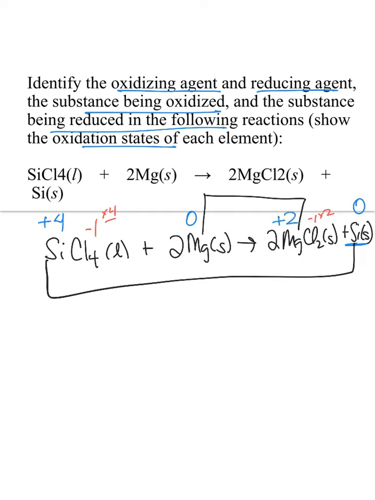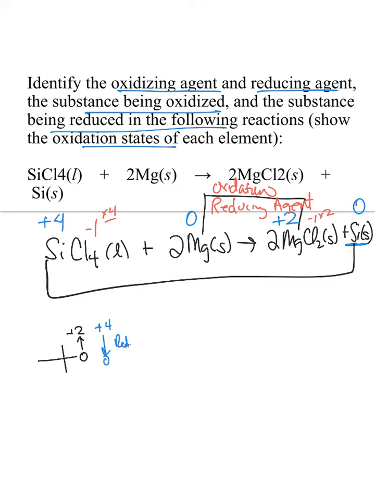So when you go on the scale of 0 to a +2, you're increasing. When you're increasing, that's oxidation. So you're increasing the oxidation number. That's oxidation, and that is your reducing agent. And then for silicon, you could see that you're going from a +4 down to a 0.